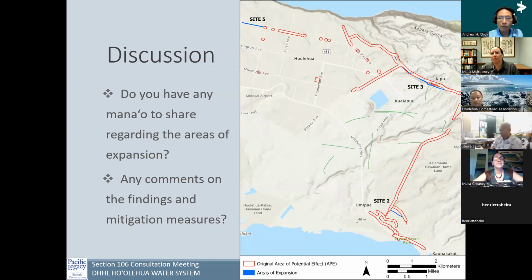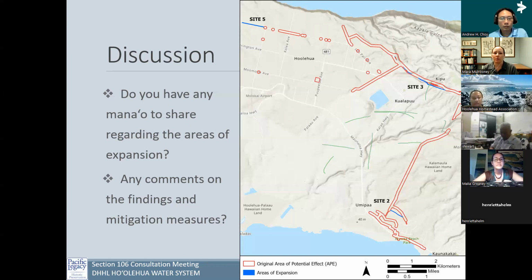So there are two sites that are near the APE in Site 3. They were both documented as having been destroyed previously when they were surveyed and assigned site numbers back in 1971.